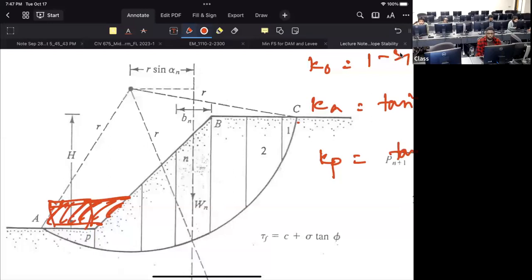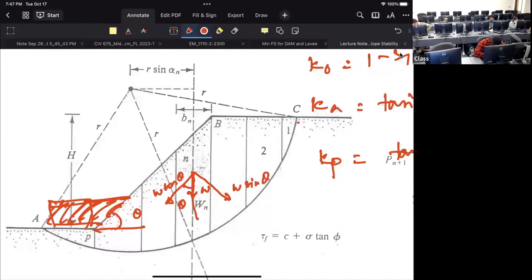Basically, for the whole block, we need to find out the weight first, and the weight has two components. One component is W, the other is, let's say we have an angle called theta. So we get W cos theta and W sin theta.